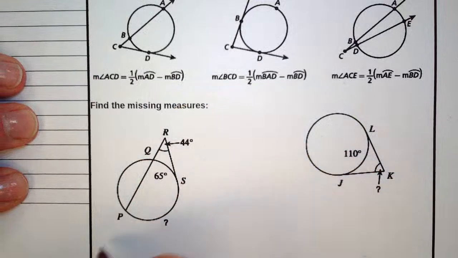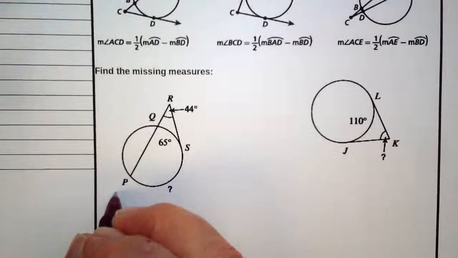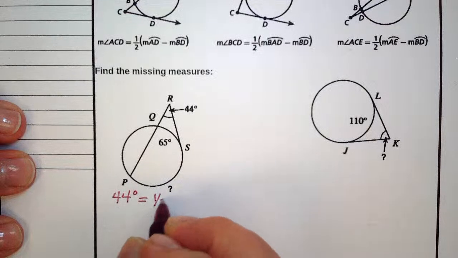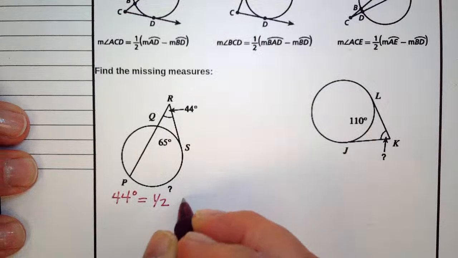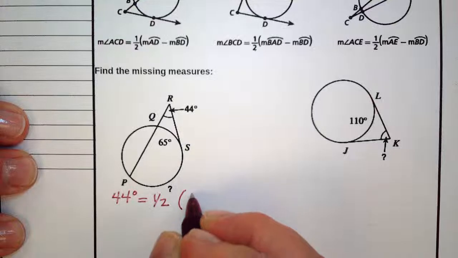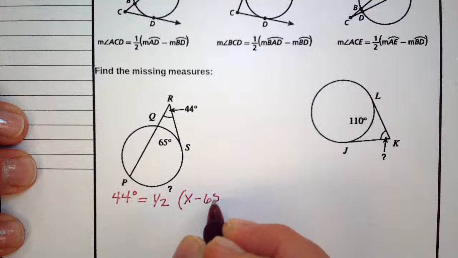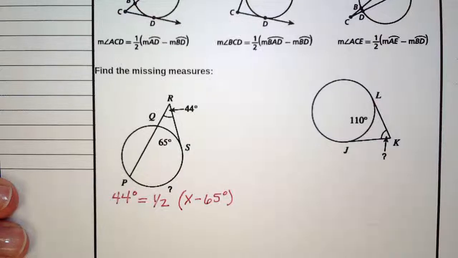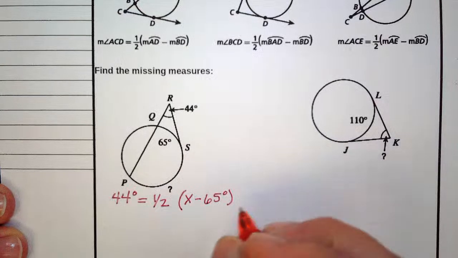We've got 44 degrees is equal to 1/2 of x minus 65 degrees. Now we're going to solve for x.